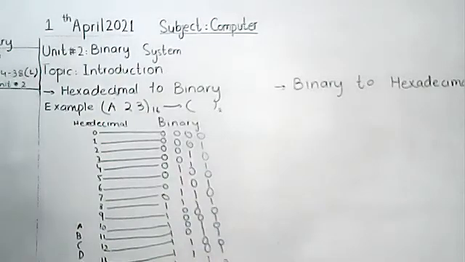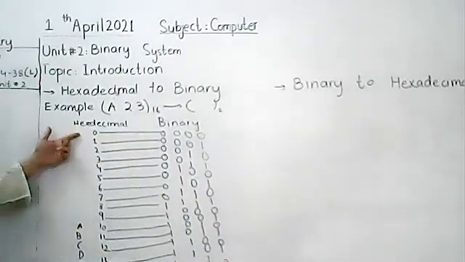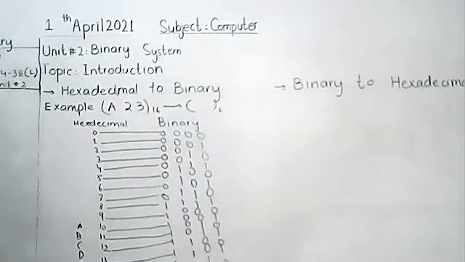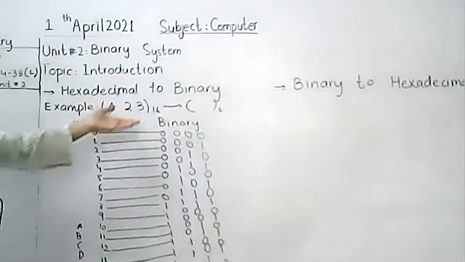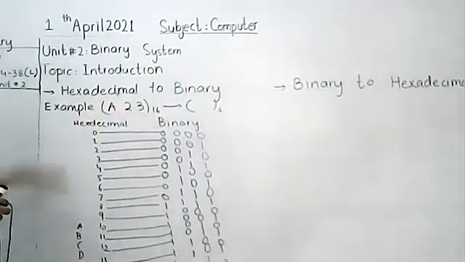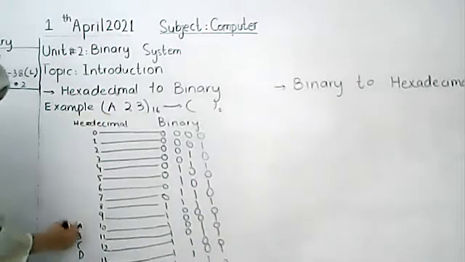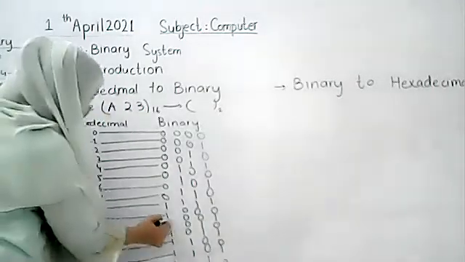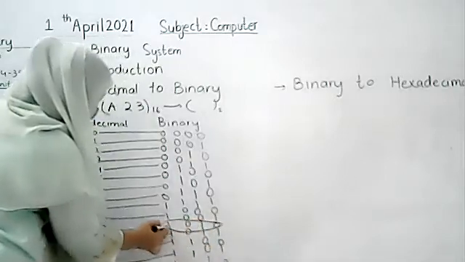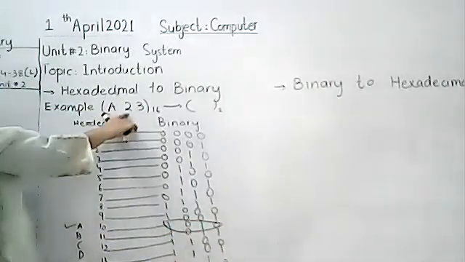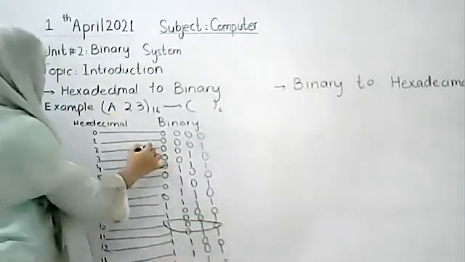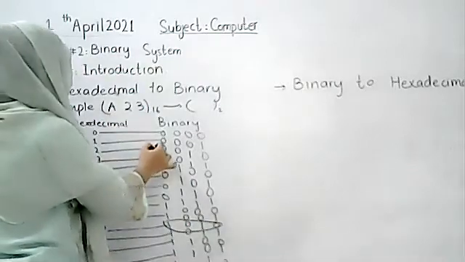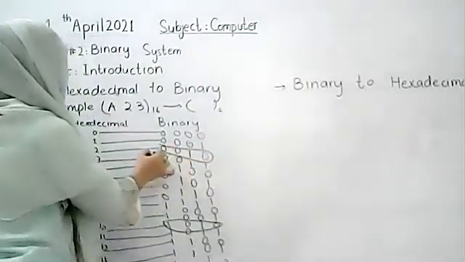Now we have the binary values of all these numbers. Okay. Now you can write the binary values in a very simple way. First of all, you have to take A, means you have to write this value. Okay. Then you will go for the 2, you have to take this value.